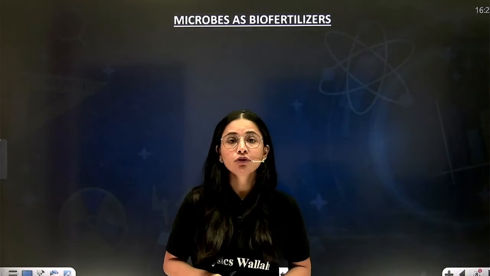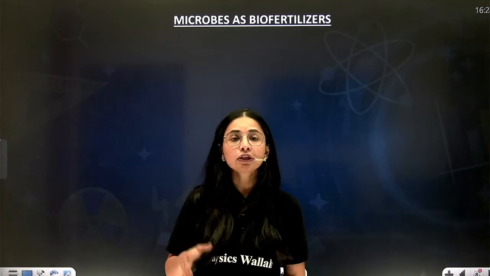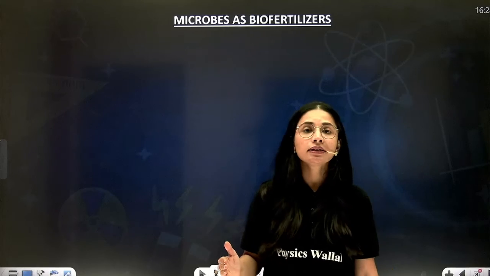Bacteria like cyanobacteria, Nostoc, Anabaena, and some algae can fix atmospheric nitrogen into ammonia. These Nostoc and Anabaena, and the bacterium Rhizobium, have the capacity of converting atmospheric nitrogen into a usable form of nitrogen. Fungus forms mycorrhizal association.